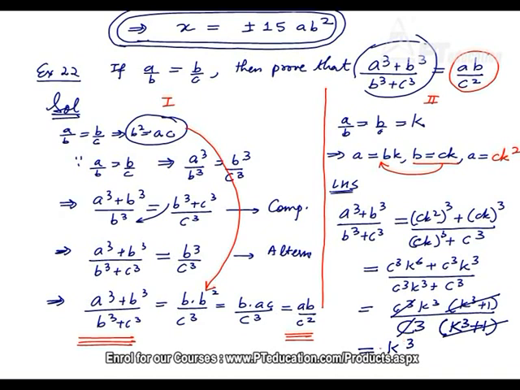This k cube, now we have to prove, is equal to ab upon c square. Can we prove that? Yes, we can prove that very easily. How? We know that a is ck square and b is ck, so ab divided by c square is nothing but k cube. Hence, LHS is equal to RHS.